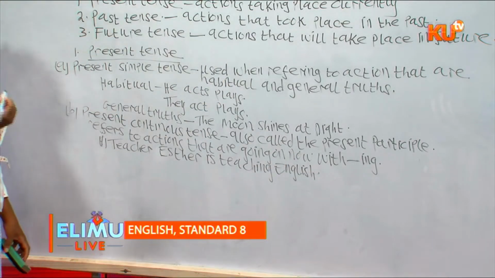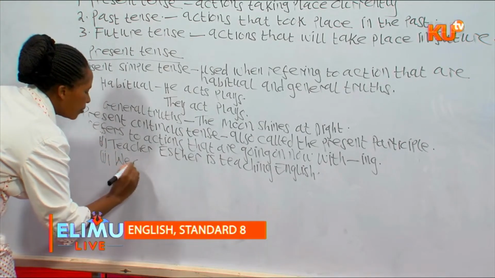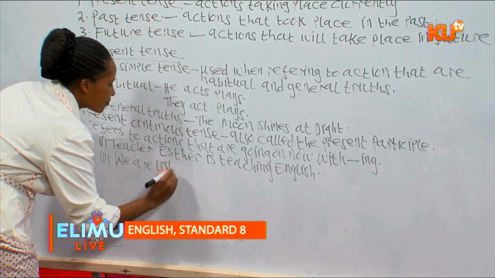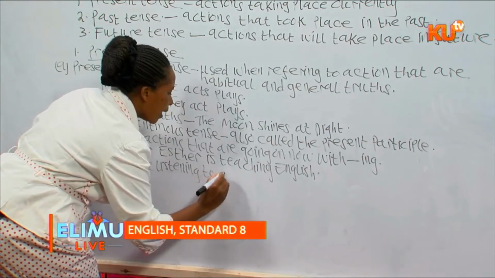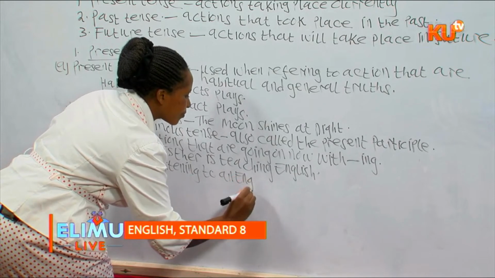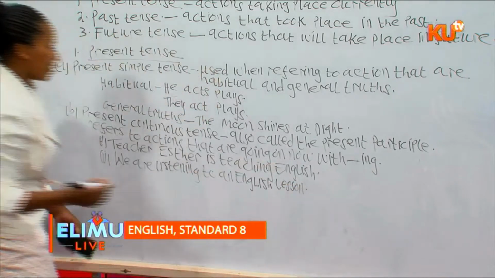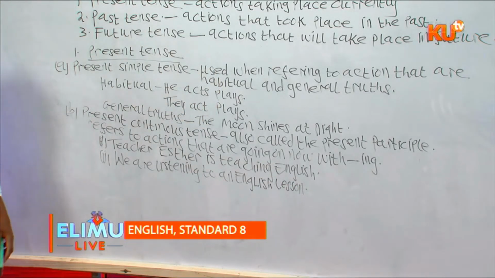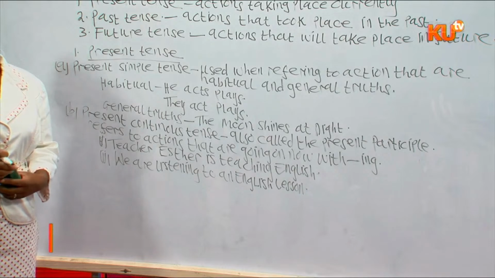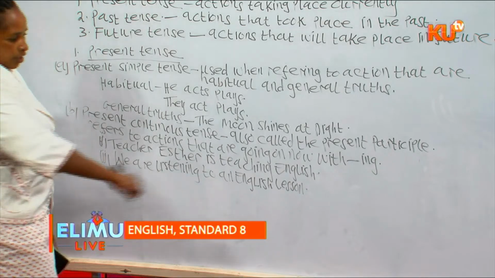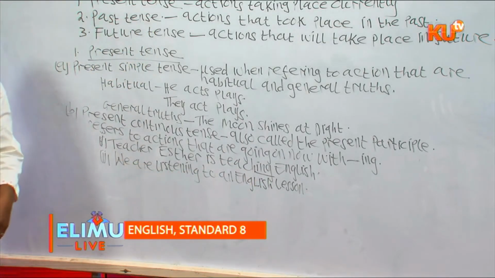You can as well say, we are listening to an English lesson. So there is the present continuous tense, referring to actions that are going on now, and I've said the verb used should have ing, as you can see in those sentences.